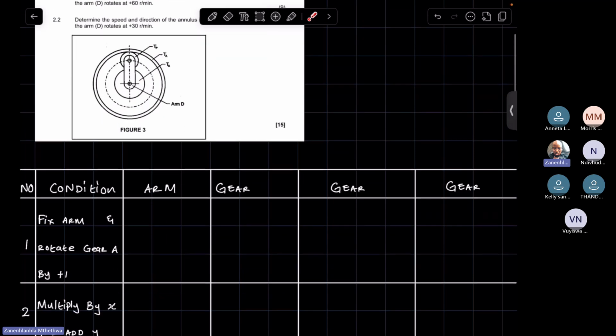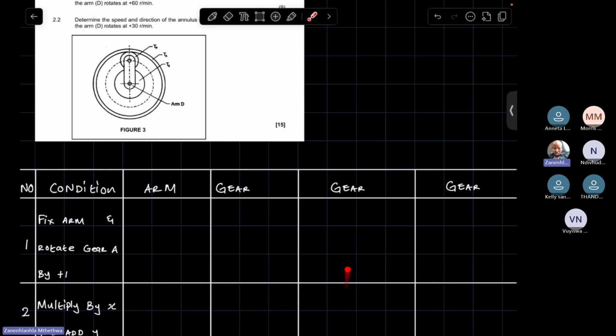All that means is that the planetary gear and the gear it is fitted with on the same shaft, all the information you are going to gather under one column.